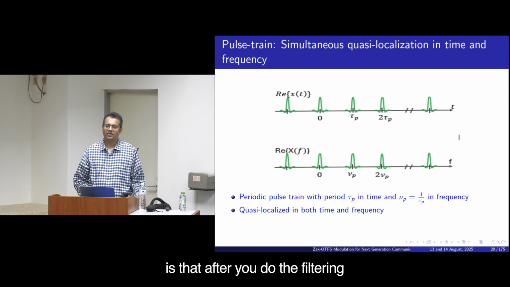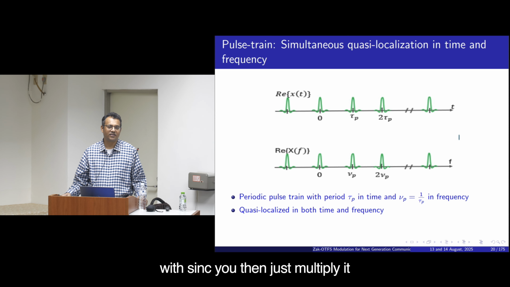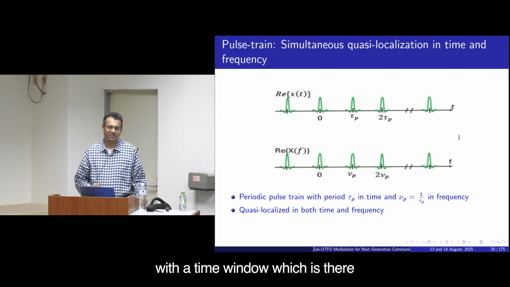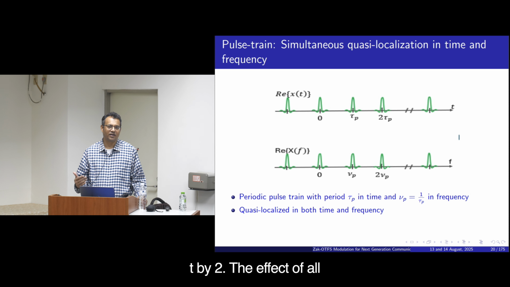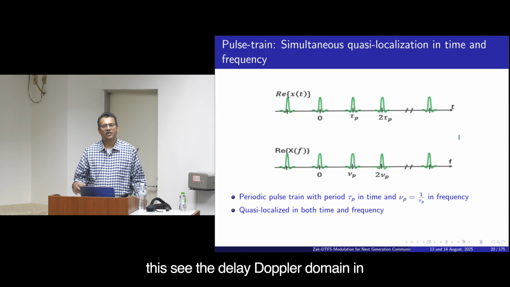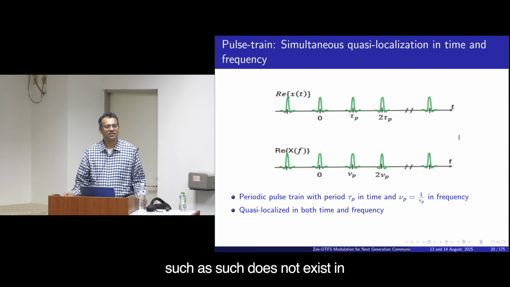Then the next step, after you do the filtering with sinc, is you multiply it with a time window which is there from minus t by 2 to plus t by 2. The effect of all this: see, the delay-Doppler domain as such doesn't exist in this physical world.